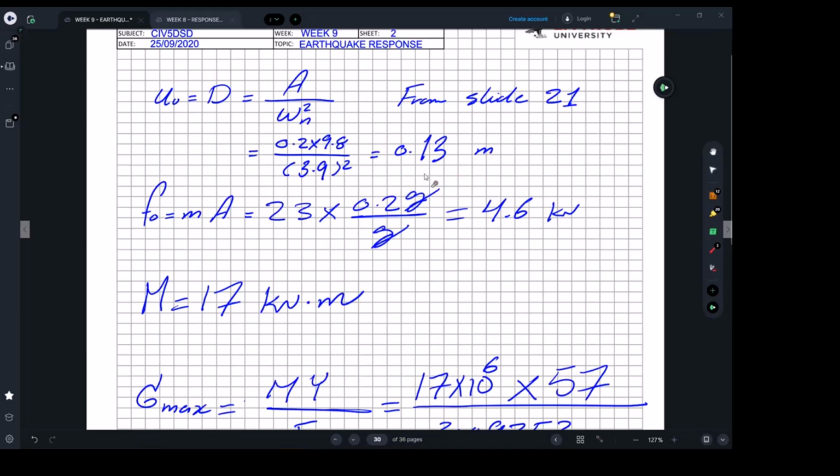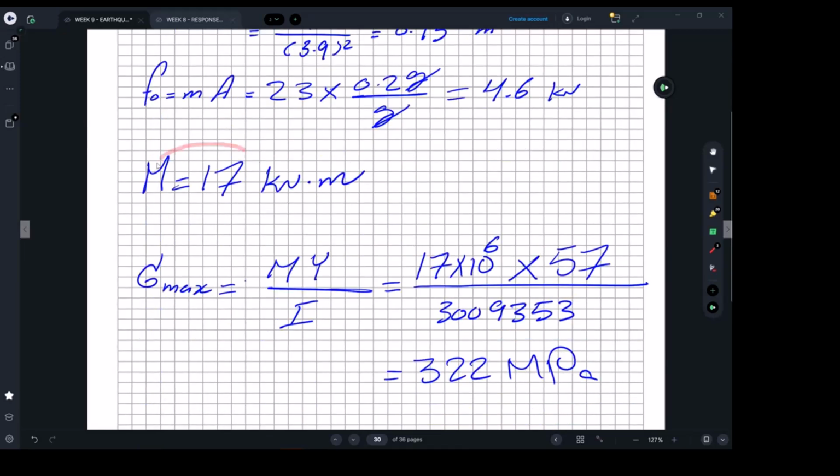So by determining the mass and acceleration, our acceleration was 0.2 g. It will work out the force on the mass to be 4.6 kilonewtons. For the bending, you just multiply 4.6 by the height. The bending will be 17, something similar to what you did with your first assessment when you had a high-rise building.